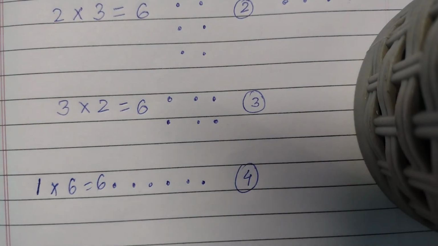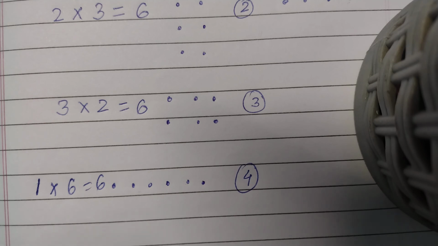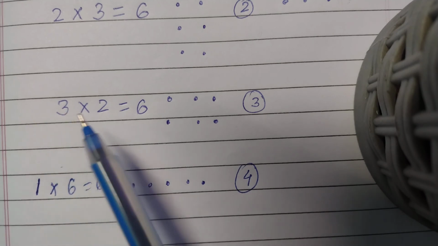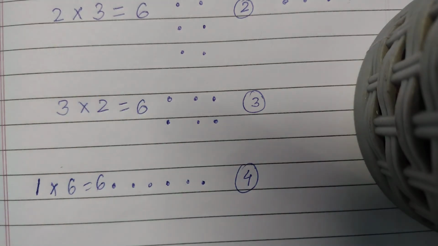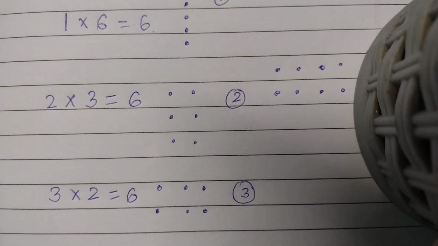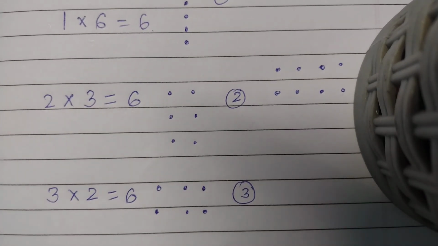From the above calculations, Ram observed that 6 can be written as a product of two numbers in different ways. Just now we have seen 1 into 6 equals 6, 3 into 2 equals 6, 2 into 3 equals 6, and 6 into 1 equals 6. So a product of two numbers can be written in different ways.